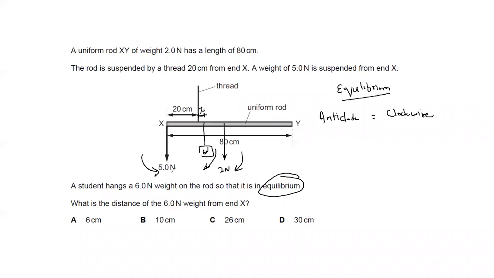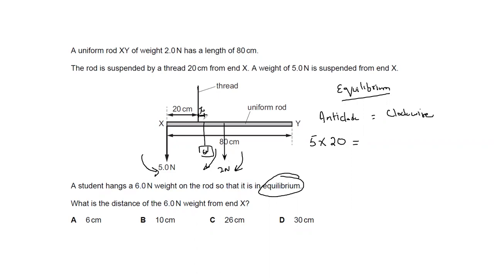That force is 5 multiplied by the distance from the pivot, because this rod can rotate. So what is the distance from this pivot? That is 20. So 5 multiplied by 20 equals the clockwise moment. So what is the clockwise moment?